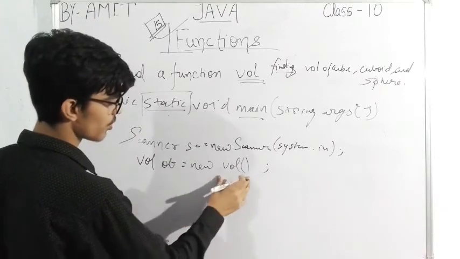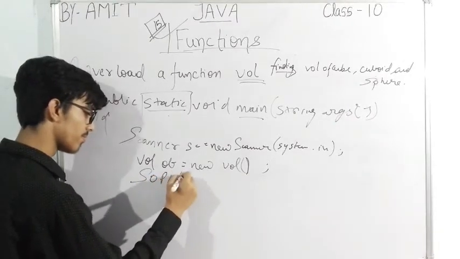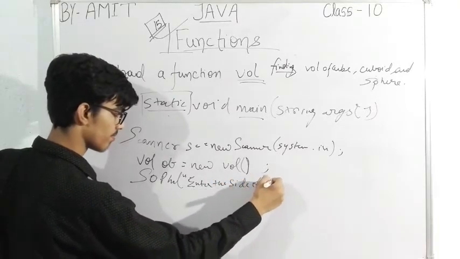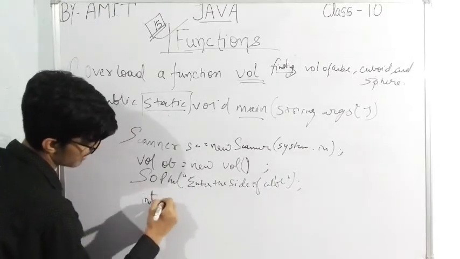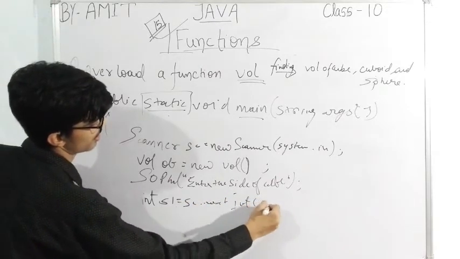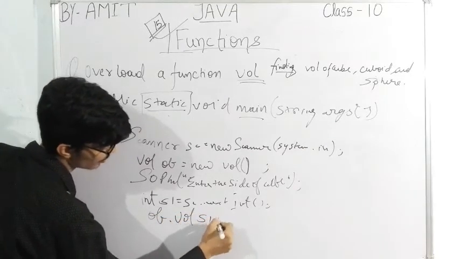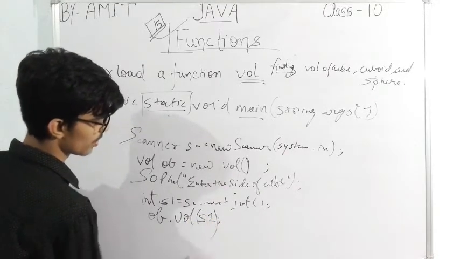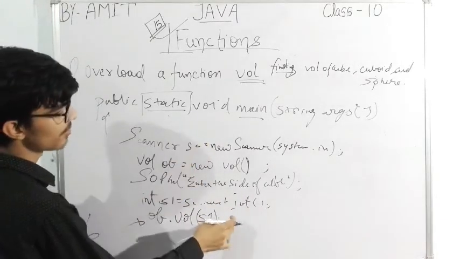We'll write vol ob is equal to new vol, with open and close bracket, enter the side, int s1 is equal to sc.nextInt, and ob.vol(s1) with s1 inside the bracket, and the whole program will be closed. This is the function programming.